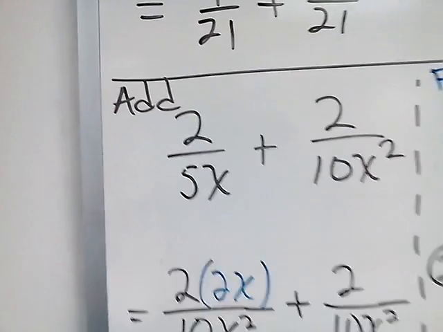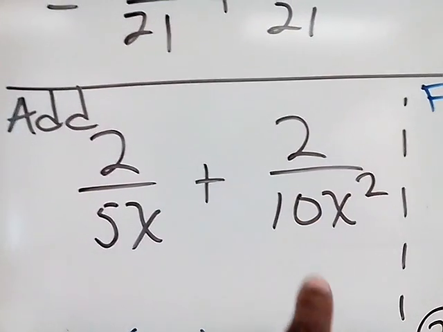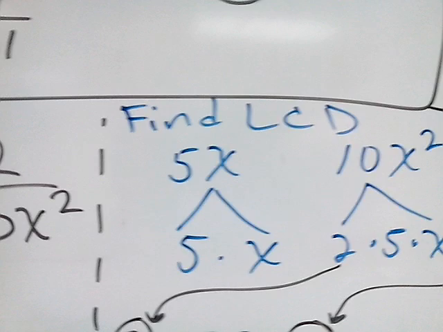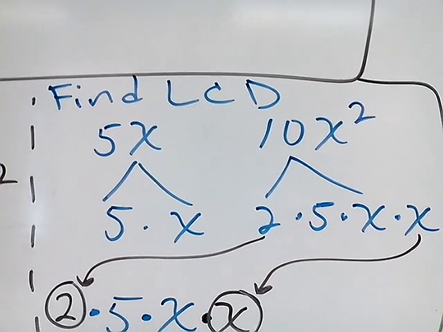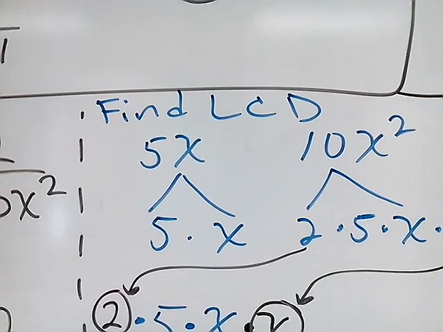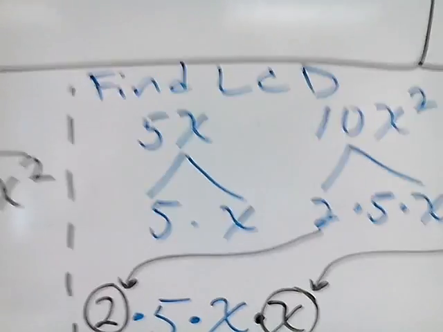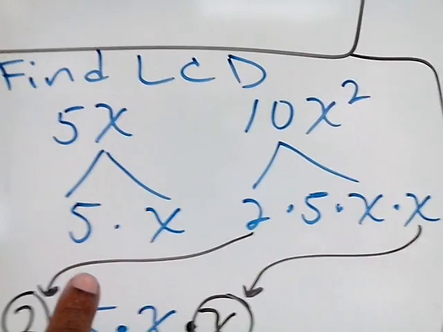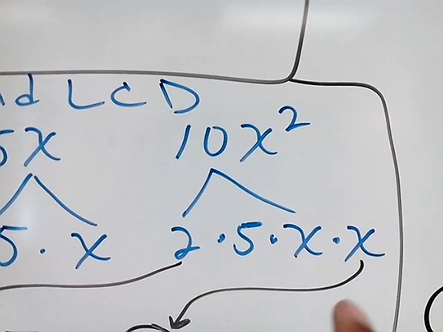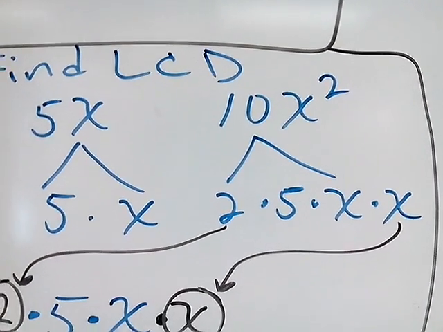In another example, we have 2 over 5x plus 2 over 10x squared. Now, finding the LCD involving those two denominators, 5x and 10x squared, we factor them into primes again: 5 times x here, and then 2 times 5 times x for the 10x squared.